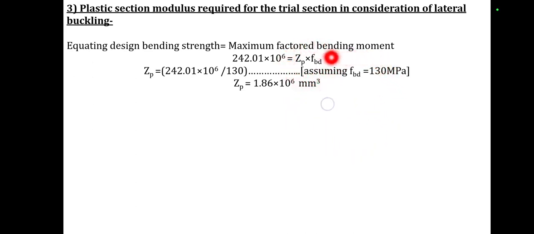Here, as told previously, we have to assume the FBD. As it is an I section, we are assuming it as 130 MPa. Dividing the design bending moment by the FBD, we calculate the ZP of the section. Therefore, ZP is equal to 1.86 into 10 raised to 6 mm cube.